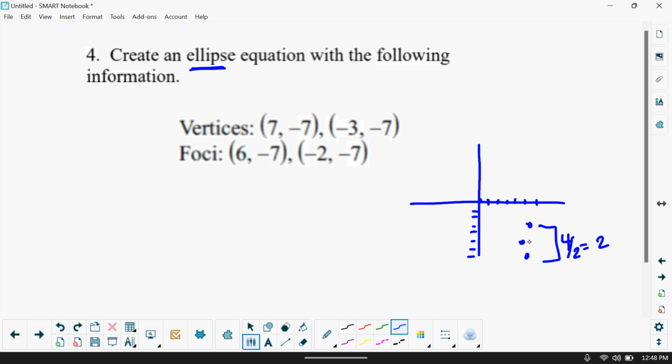Okay, let me change my color to red. 6. And negative 7. Oops, I made a mistake. I'm going to do a whole lot of backing up.